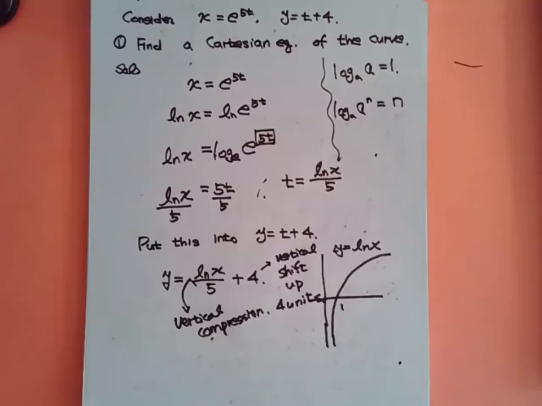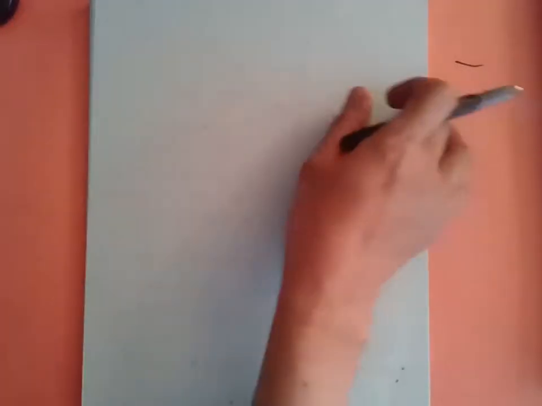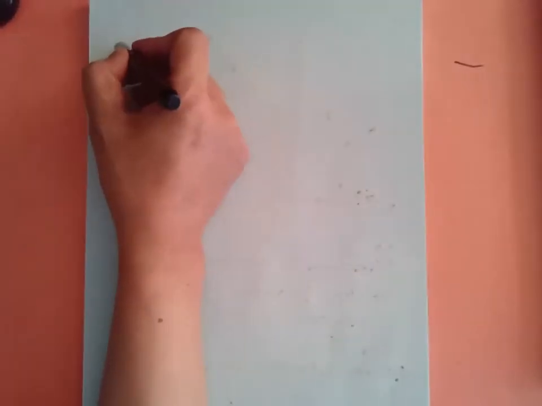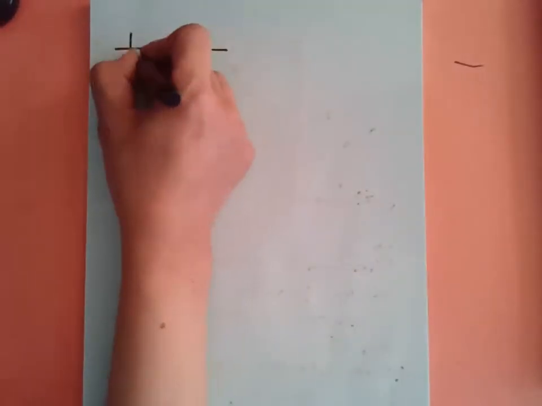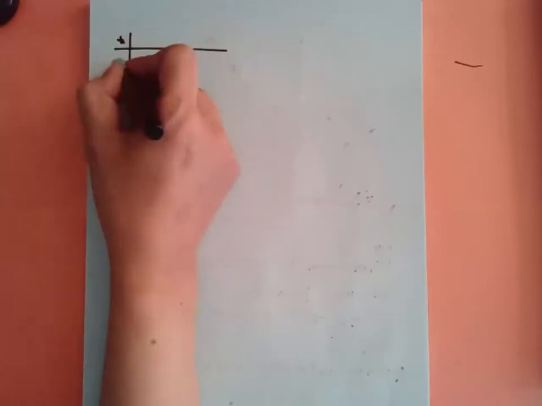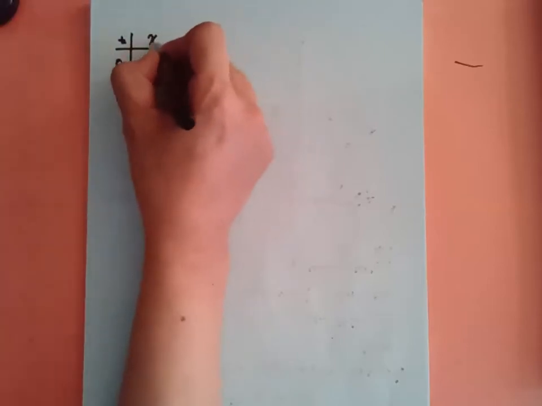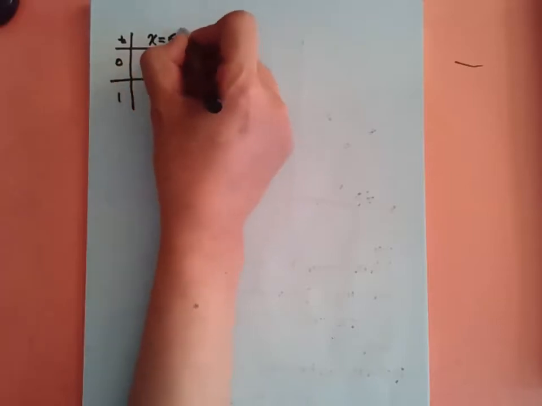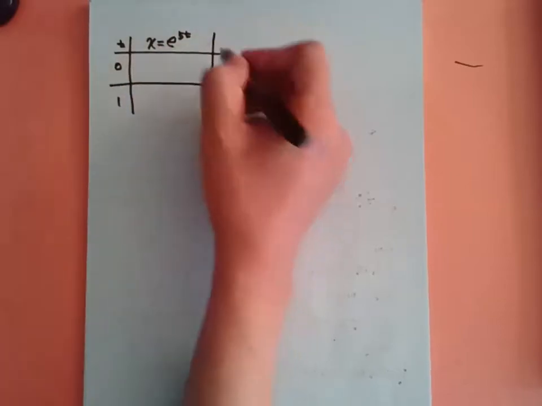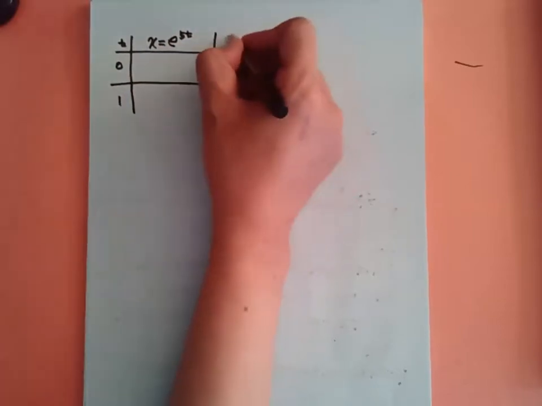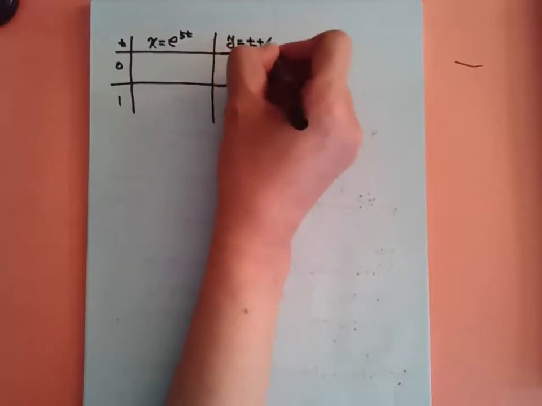But we have to do one more thing. We have to figure out the direction of the curve. So we will make a chart. This is t. Let's say this is 0. This is 1. x equals e to the 5t, and y equals t plus 4.